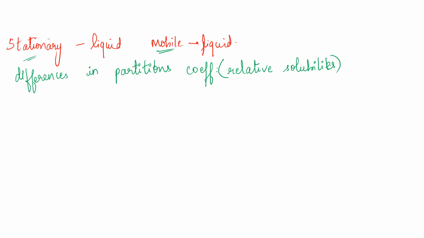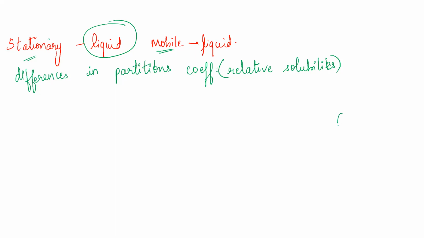So that's a relative solubility, and the stationary phase is a liquid. Now, when we are talking about partition chromatography, the stationary phase is always liquid, which is held in place. Either you coat it on some solid support or you form a chemical bond with the solid support and then you pack it.